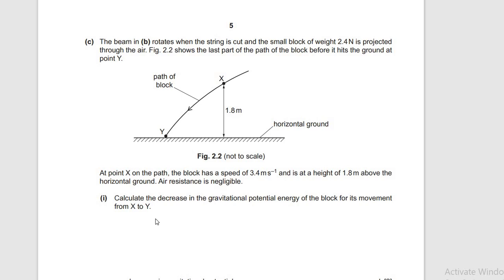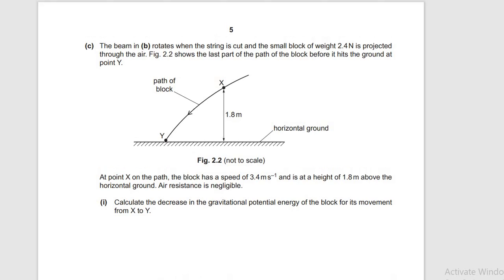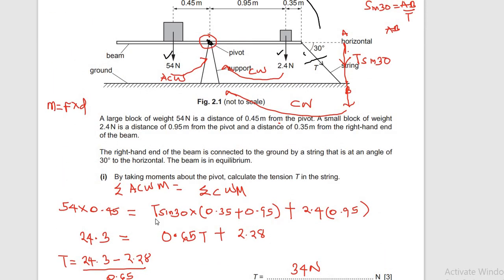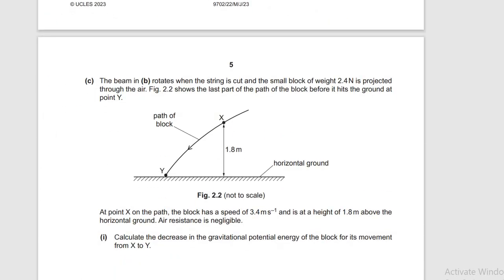So the small block of weight 2.4 Newton is projected through the air. When the string is cut, this 2.4 Newton weight will fly off because the string has been cut. It's expected to fly off. According to the question, they said it flies off through the air. Now, the diagram below shows the last part of the path of the block before it hits the ground.